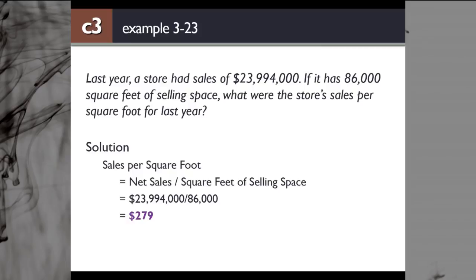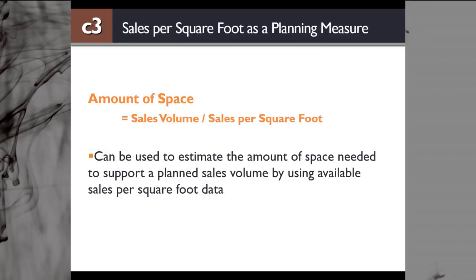Also, you can calculate your amount of space if you know the sales volume and sales per square foot. Because on the previous slide you calculated sales per square foot, and if you know the total sales volume, you can calculate the amount of space that you may need. It can be used to estimate the amount of space needed to support a planned sales volume by using available sales per square foot data.